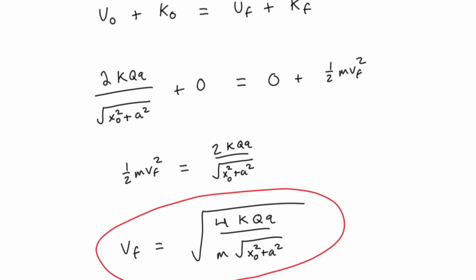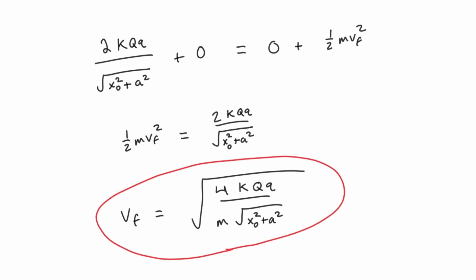you'd get an energy conservation that might look something like this, where your U0 is going to be 2KQq over the square root of x squared plus a squared plus the KQ squared over 2a from the charges by themselves, and UF would be 0 plus the 2 Qs are still a distance 2a away from each other.